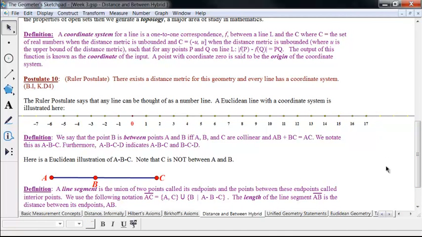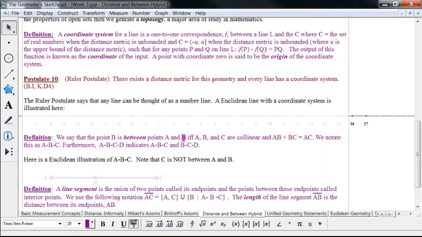Now with this we can define what we mean by between. We say a point B is between points A and C if and only if, first of all, A, B, and C are collinear, and secondly, the distance from A to B plus the distance from B to C is the distance from A to C, and we denote it as A-B-C.